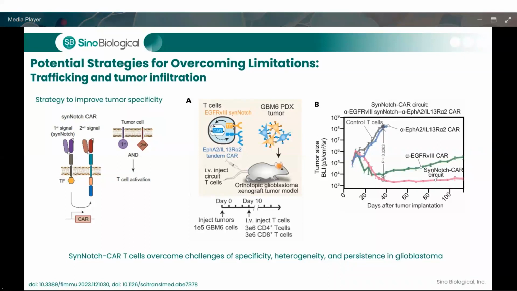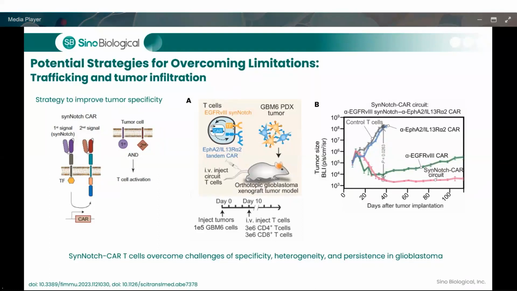As controls, they treated the mice with non-transduced T cells, or T cells constitutively expressing either EGFR-V3 CARs or tandem CAR. Treatment with the constitutive FA2 IL-13 R alpha-2 tandem CAR was largely ineffective.